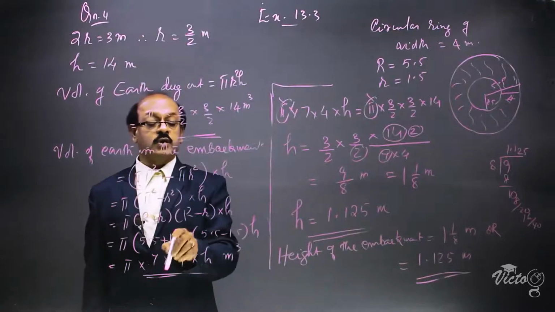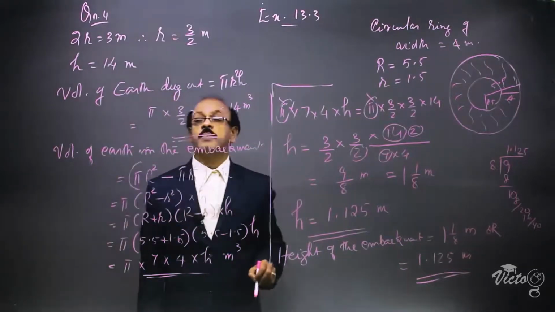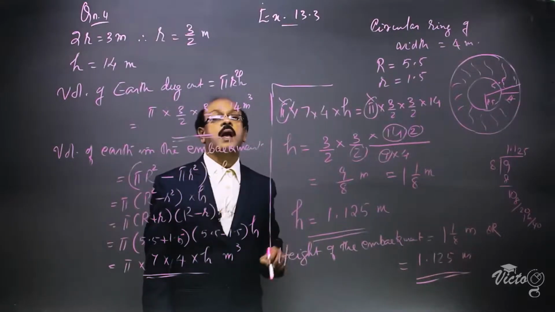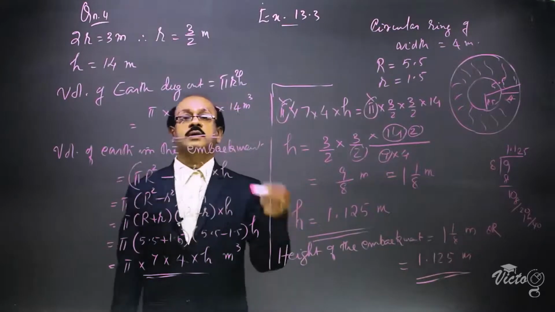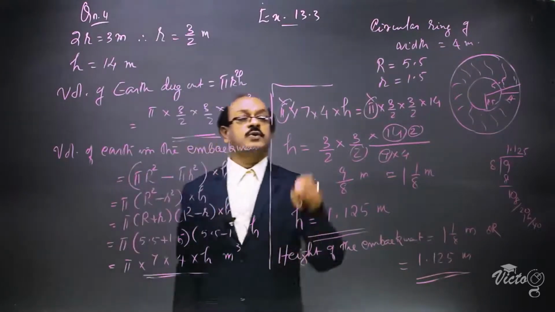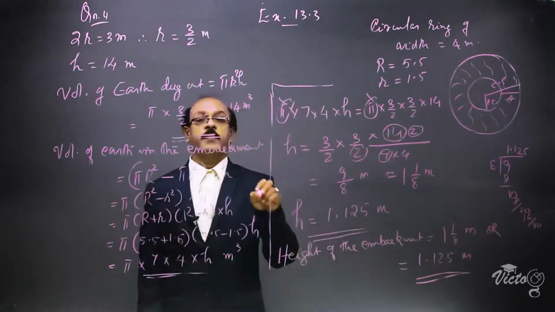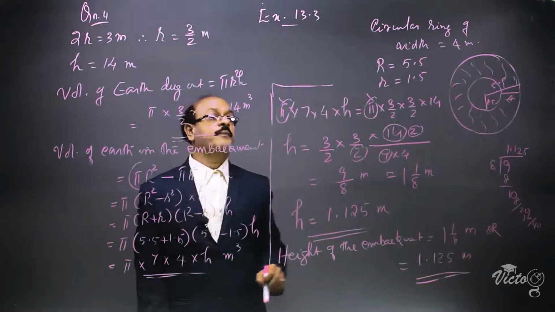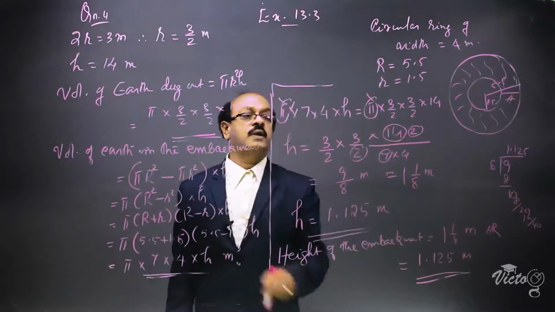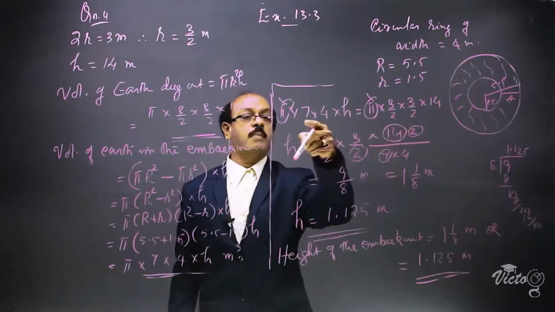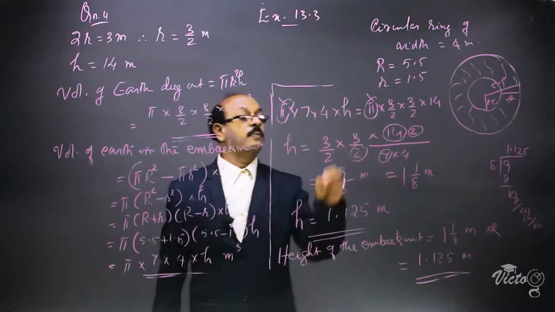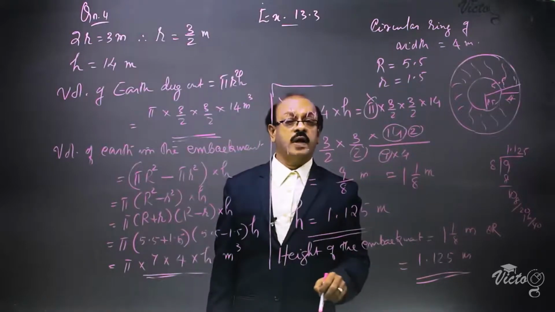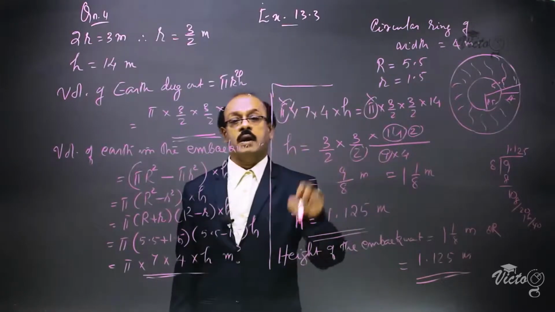Pi into 7 into 4 into h meter cube is the volume of earth in the embankment. Now equating these two volumes, pi into 7 into 4 into h is equal to pi into 3 by 2 into 3 by 2 into 14. Pi cancelled. Now for getting the value of h, we are dividing the right side of the equation by 7 into 4. Simplifying, we get the value of h, height, as 9 by 8 meter.